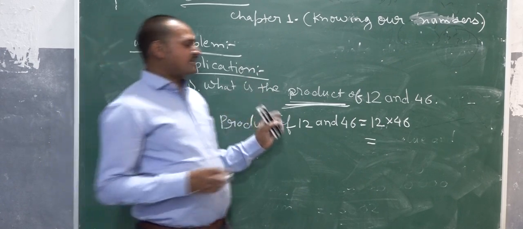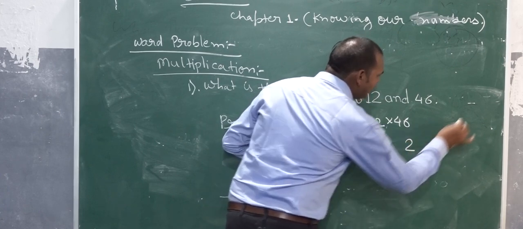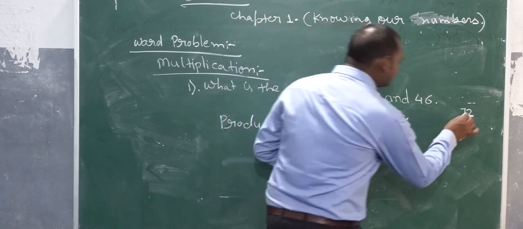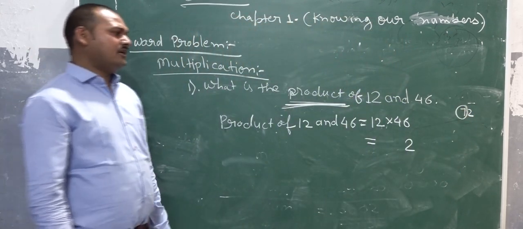How much? 72. On 72 what do we write? In the unit place we write 2, and the tens place is carried.